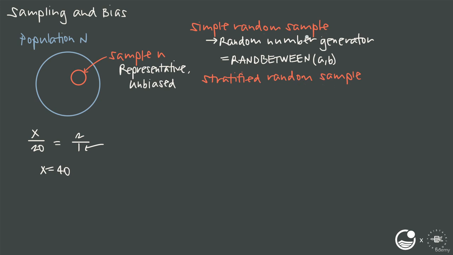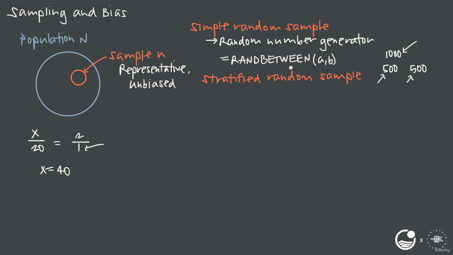So we said here for the simple random sample example that if we have 1,000 total employees in our company, and 500 are men and 500 are women, instead of using a random number generator to pick a simple random sample from all 1,000, in other words, instead of pulling our sample directly from this group, we could break the population in half and have a population of men and a population of women, and then take a simple random sample inside of the male population and a simple random sample inside of the female population to at least control for gender.